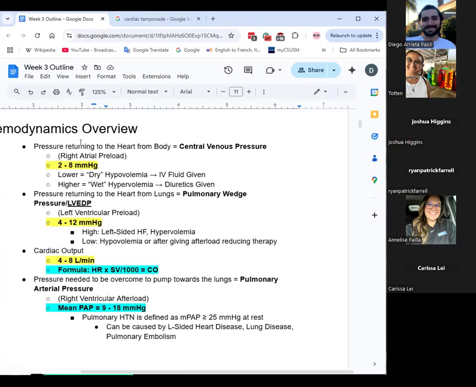So we see here that if you have pump failure, you have fluids buildup. If you have fluids buildup, then those fluids create pressure in those parts of the heart.